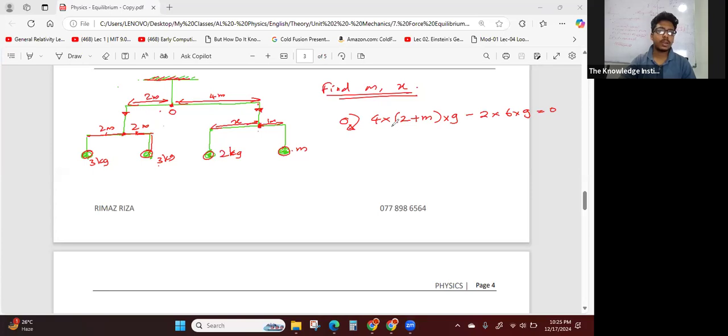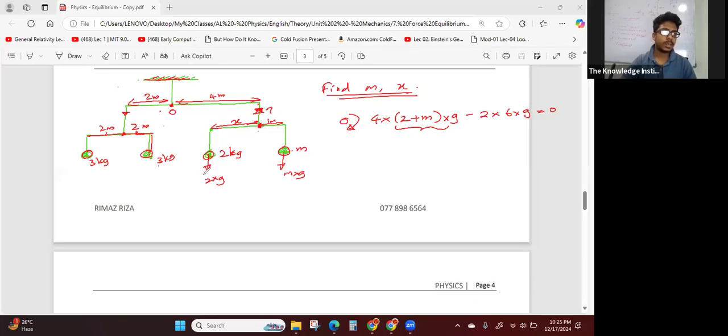Now here you might be wondering how I take this force as 2 plus m into g. For that, what you can do is consider this object and consider the force equilibrium. Here the tension T upward, weight here 2 into g, and here also it is m into g.